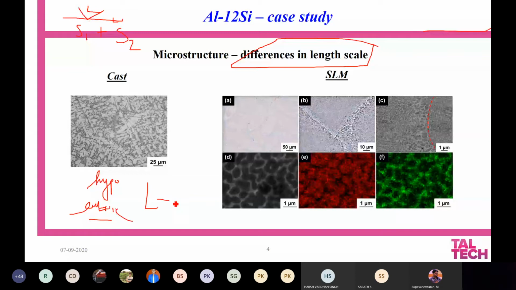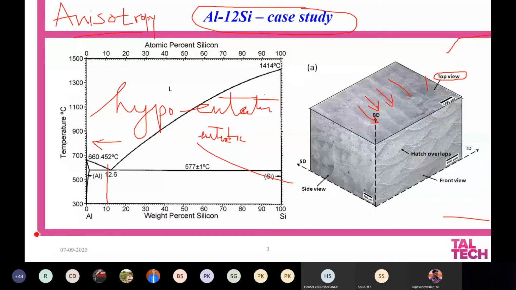So L, in a reversible reaction, gives rise to S1 plus S2 at a particular temperature and particular composition. For example, we say that at 12.6 percent silicon at 577 degrees centigrade, this eutectic reaction is supposed to happen.